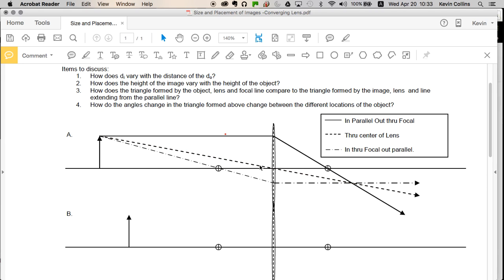Should end up with what looks like the dashed line. Finally, the one that is opposite of our first one, we're going to go in through the focal point and out parallel.